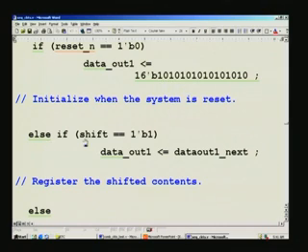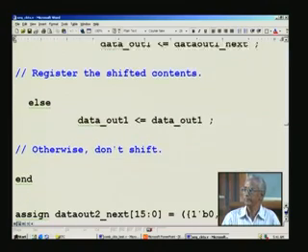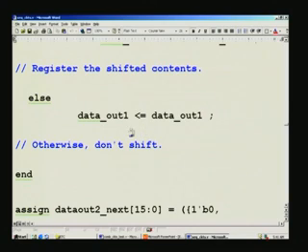If a shift is encountered, this is a one-time affair at the time of power on condition, and normal working is we look for shift to go high, and if that happens only then whatever was shifted earlier using that next, we assign it here at this point. That means to say this will be transferred to data out 1 only at the positive edge of the clock, otherwise do not disturb.